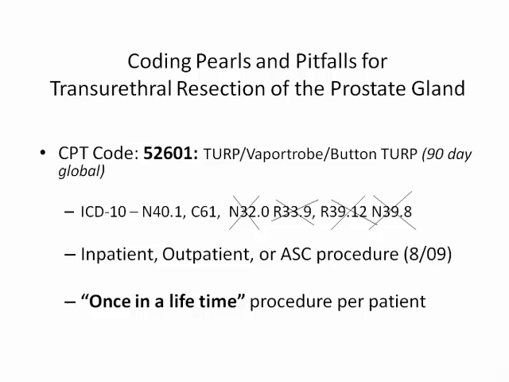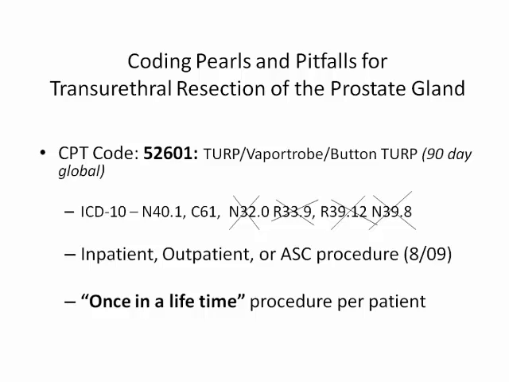Now, on the second page, page 2, we're going to look at coding pearls and the pitfalls for transurethral resection of the prostate. Transurethral resection of the prostate, the code 52601, includes the TURP, the vapor and the bipolar button TURP.